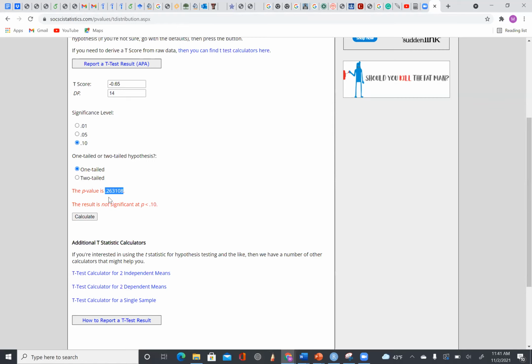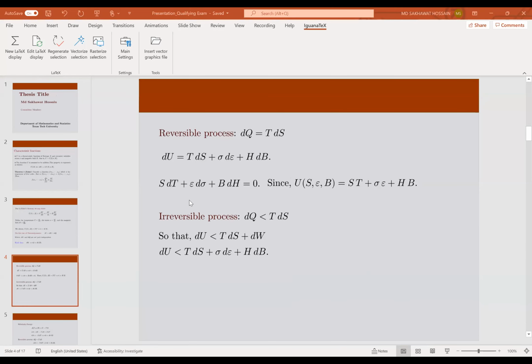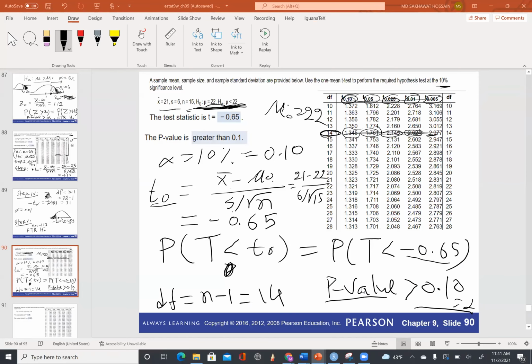So the p-value is 0.263, which is greater than alpha.